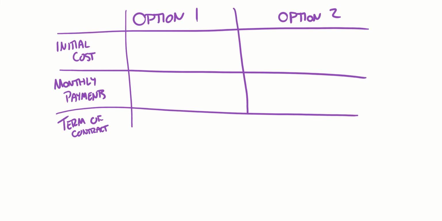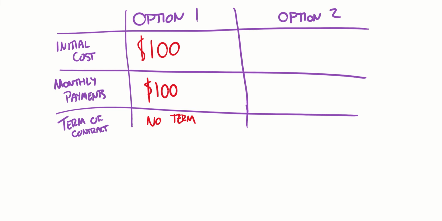Okay, so when you look at this information, you say, oh, well, option 1, I have to pay $100 to start an account there. And then on top of that, it's $100 every month in order to have my phone. So I start with $100, it's $100 every month, but I can cancel whenever. I'm not locked into a certain amount of time.